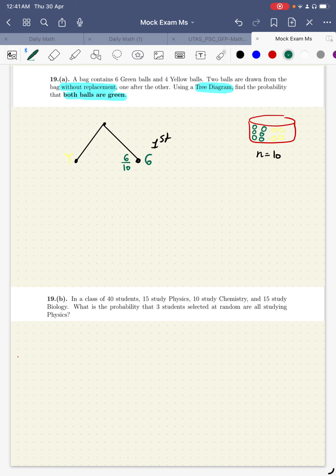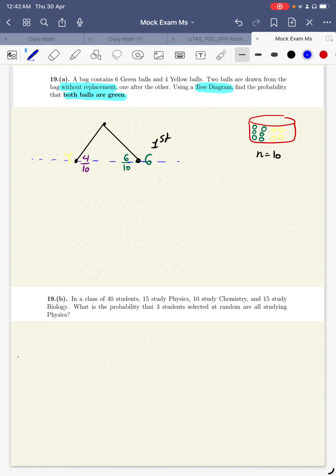What about the yellow? It will be 4/10, because I have 4 yellow balls and 10 total balls. So that's going to be my first draw.